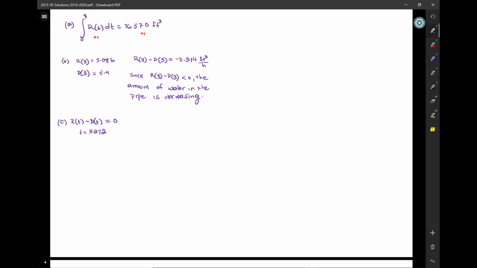Let's just figure out what it is that we want here. Suppose A of t is equal to R of t minus D of t. What is the final amount?